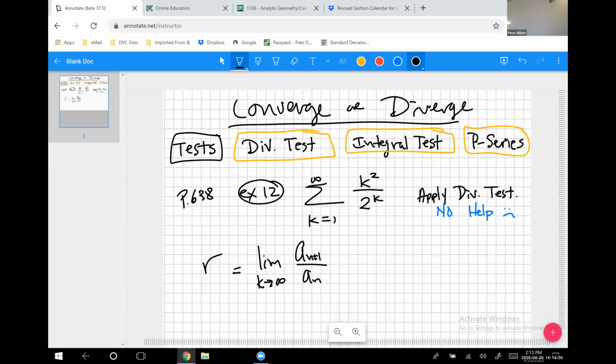And if you get something equal to 1, then the ratio test is of no help, just like the divergence test was of no help to us. So what would that mean in this case? We would take the limit as k goes to infinity. So for the (k plus 1)th term, I would plug in k plus 1 to both of these. So that would be k plus 1. Sorry, that's supposed to be k.